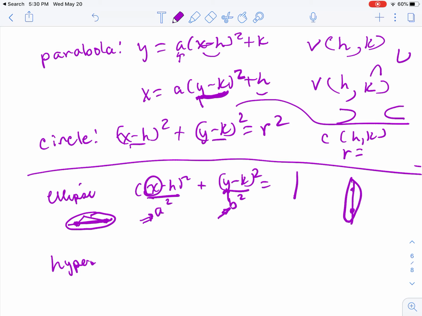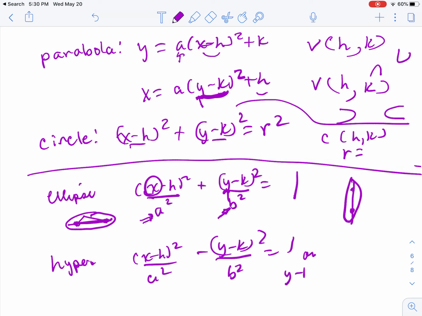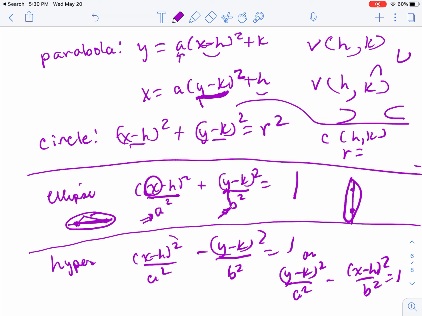A hyperbola has this with a minus sign. But it could have y in the front. Follow your variable. And I'll be talking more about the hyperbola when we get to it.